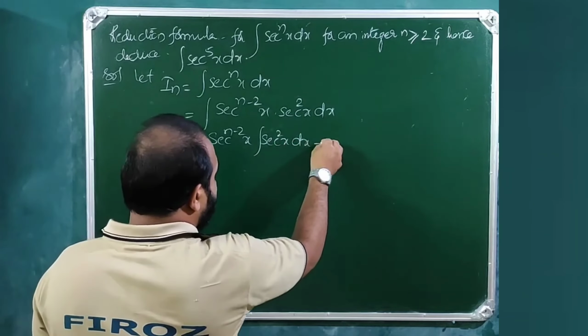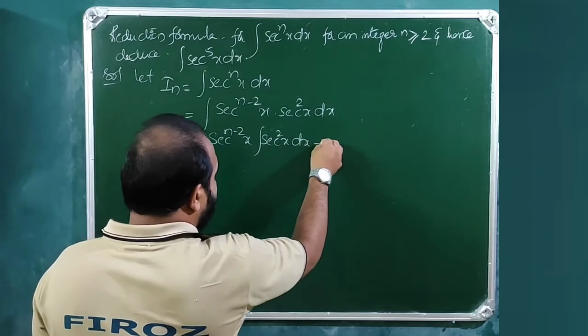This is the same. So sin power m plus 1 x by m plus 1 whole dx. So this is equal to cos power n minus 1 x into sin power m plus 1 x by m plus 1 minus n minus 1 by m plus 1.